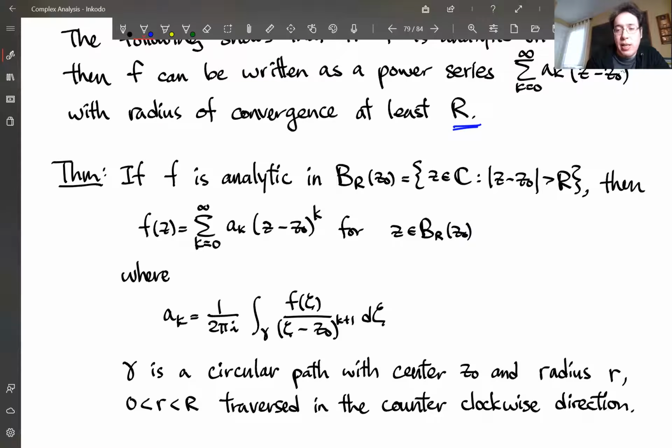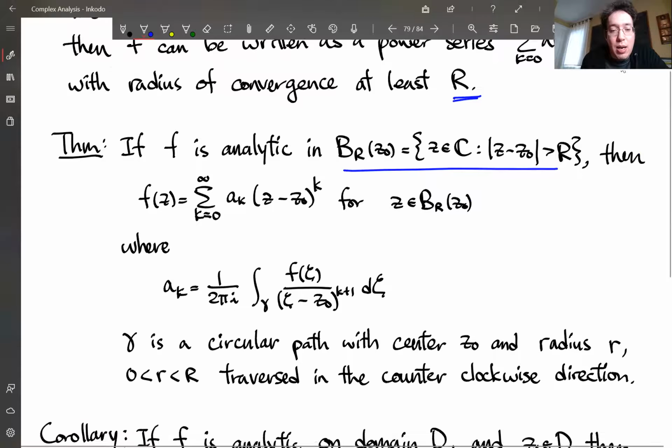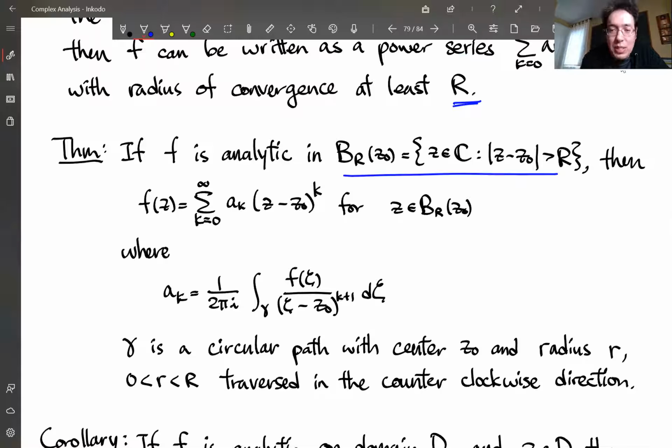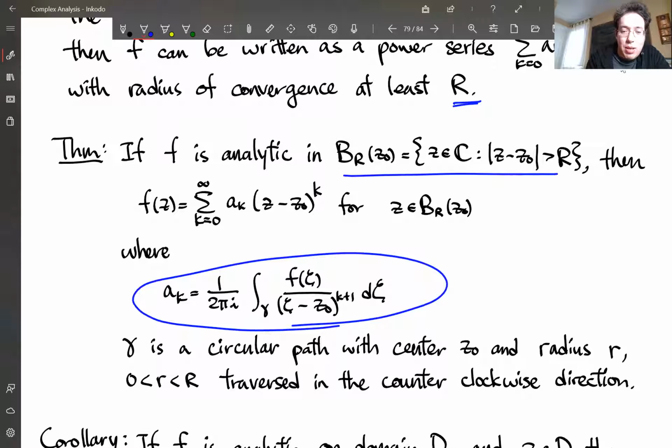So if f is analytic on this disk of radius capital R, and then choose the coefficient such that we get this expression: 1 over 2 pi i integral over gamma of f of zeta over (zeta minus z naught) to the k plus 1 d zeta.